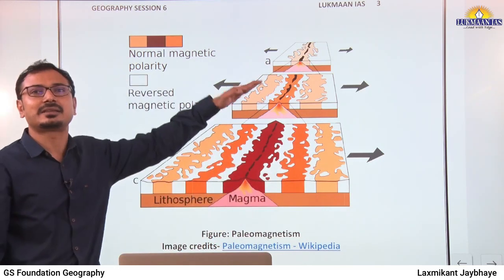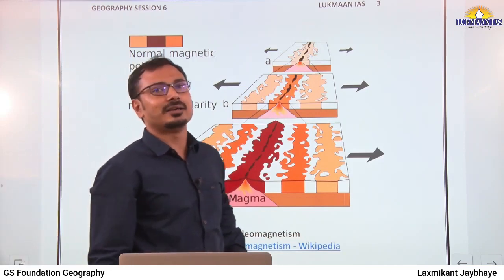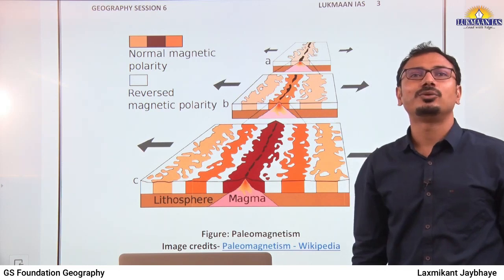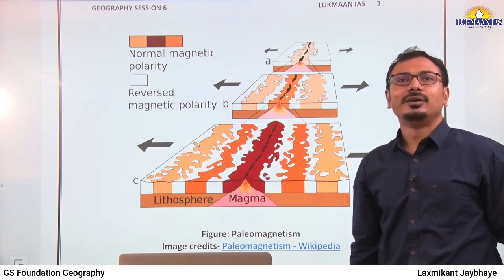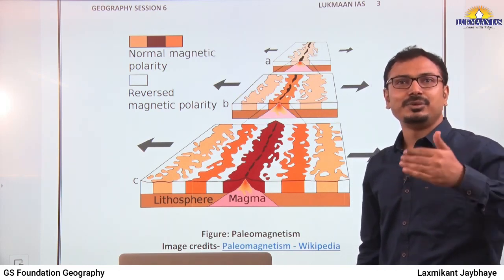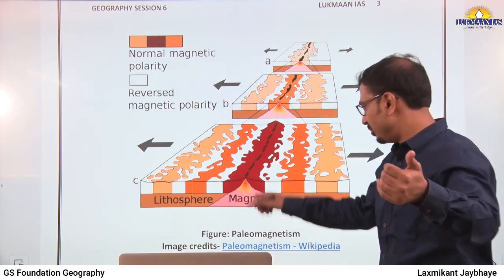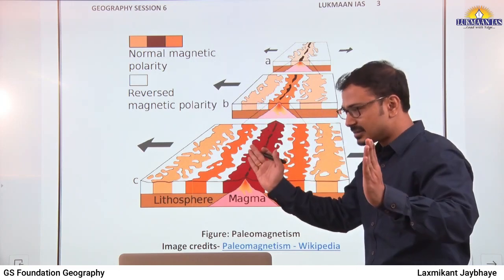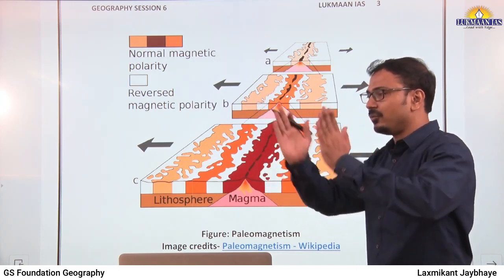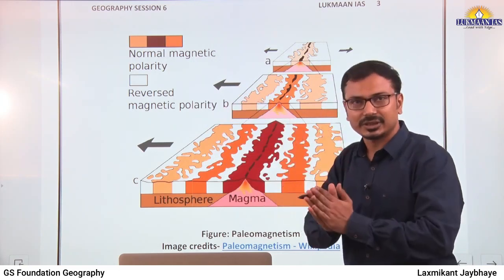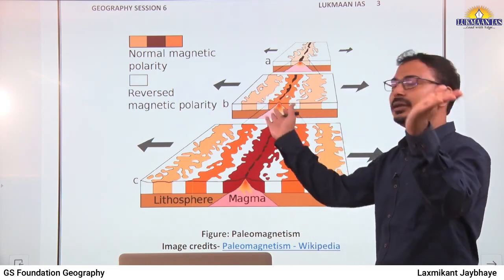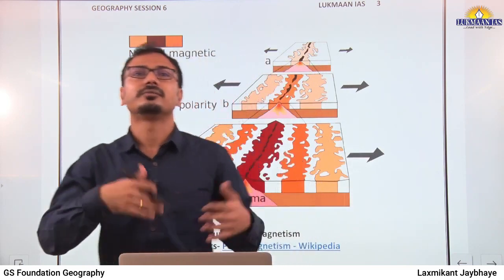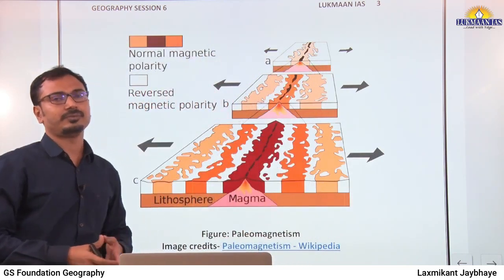These magnetic stripes were studied from the rocks, and then we are able to understand that the crust is being continuously formed in the mid-oceanic region, getting separated on either side and moving farther and farther from the mid-oceanic region, and ultimately entering into the trench area to get consumed.